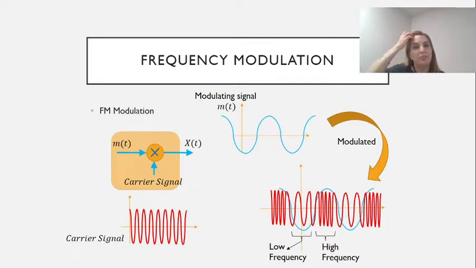So the modulated signal is shown by this blue wave here, and the red wave is my carrier signal. If you remember the example that I was discussing in the classroom, I drew this wave here, and then I was comparing it to this wave, and we can point out that this wave has higher amplitude than this.